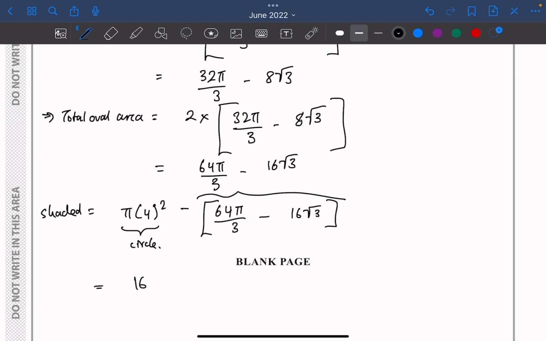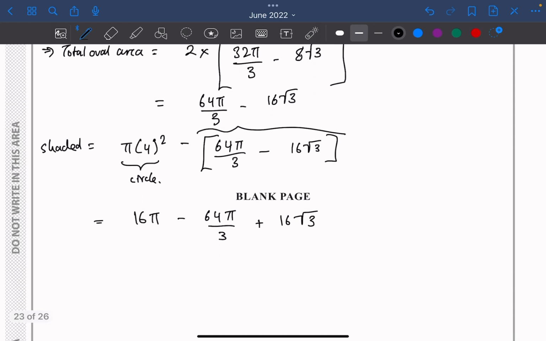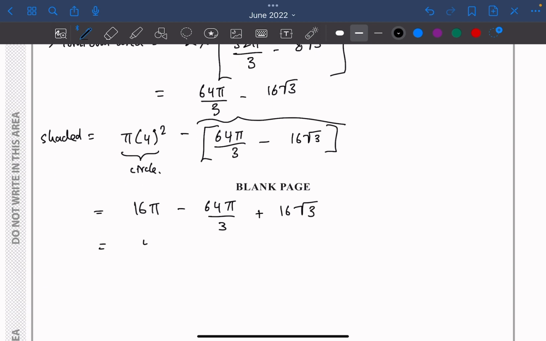That's equal to 16 pi minus 64 pi over 3 minus 16 plus 16 root 3. So that is equal to 48 pi over 3 minus 64 pi over 3 plus 16 root 3.